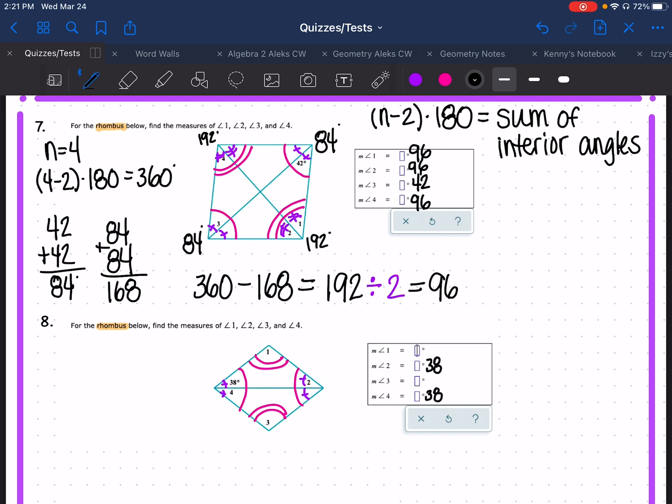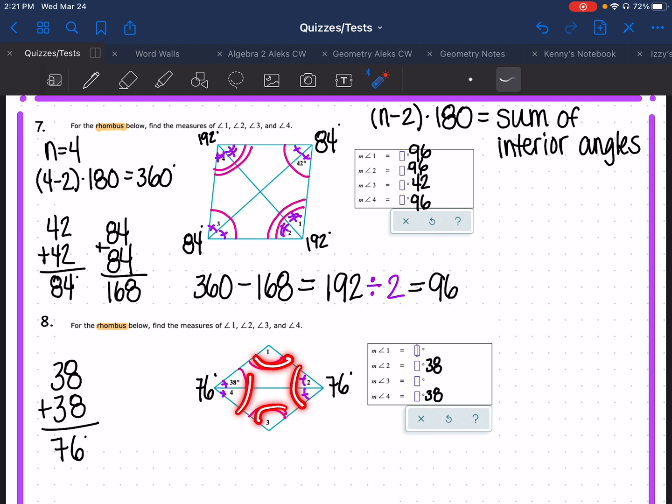I need to add 38 plus 38 because I need to know what those whole angles are at those 2 points. So this one is 76, this one is 76. Remember all 4 of them, 1 plus 2 plus 3 plus 4, equals 360. So I'm going to add 76 plus 76, which gives me 152.